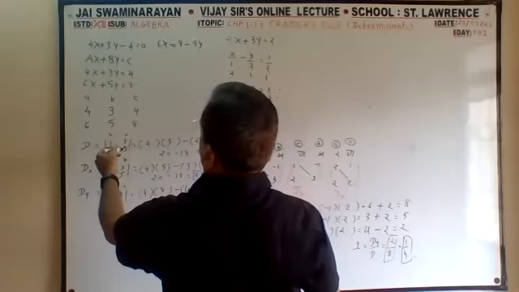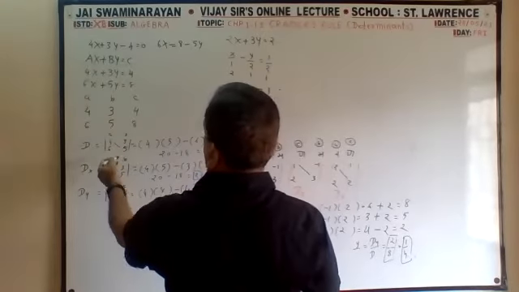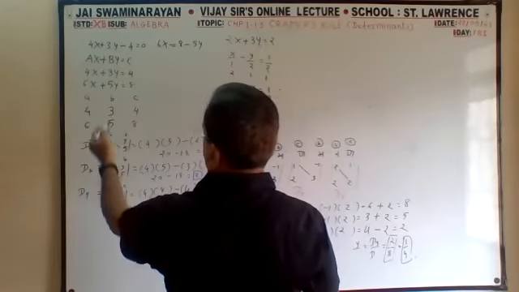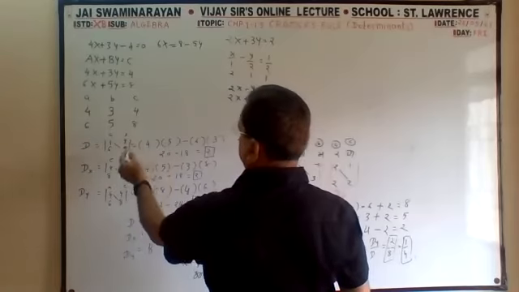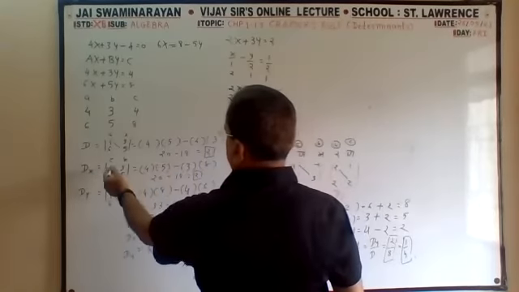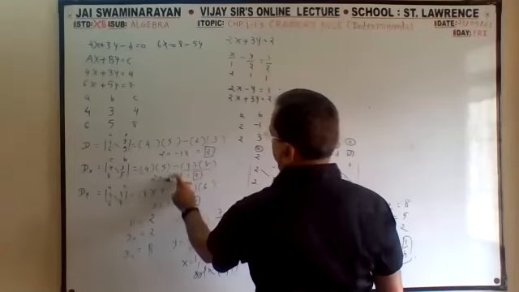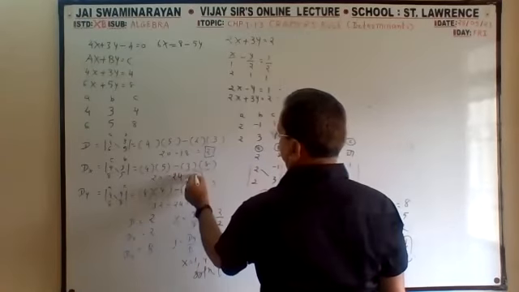Four, correct, correct, correct. These 24. So this will be minus 4.